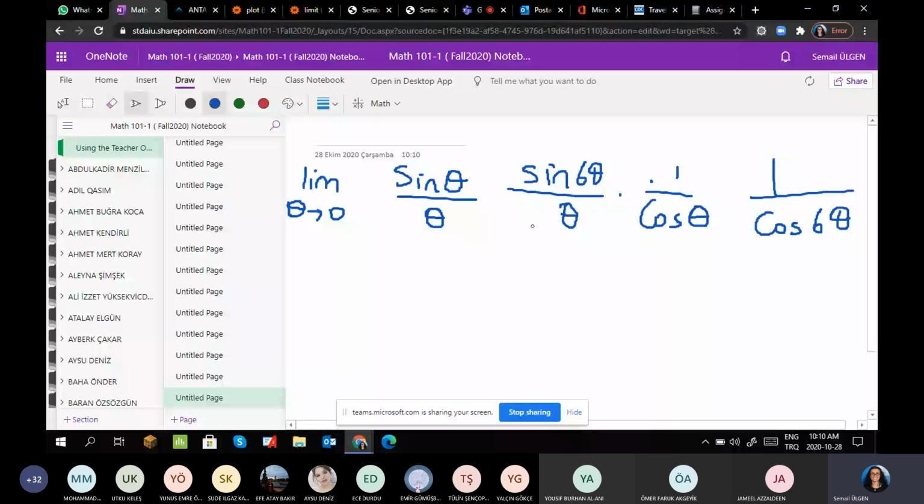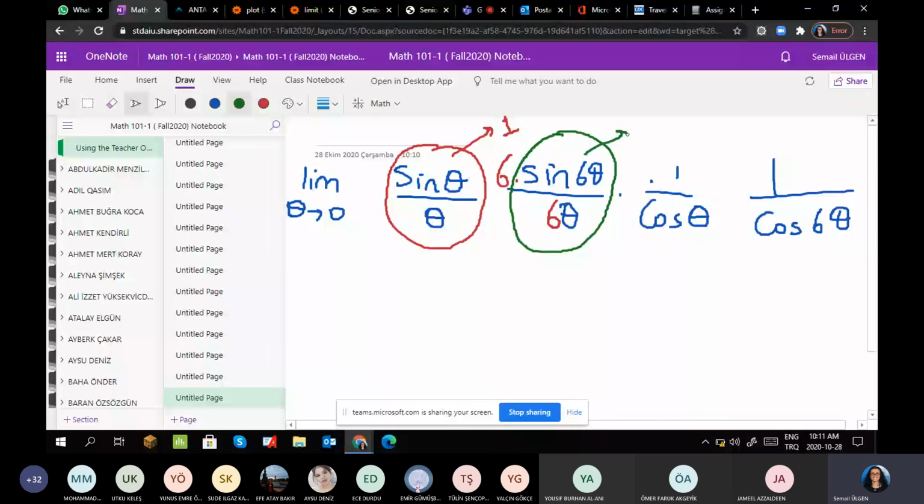So I know this is going to go to 1 as theta goes to 0. However, this one I don't think it is possible. I'm going to play a trick here. Look, I'm going to multiply and divide by 6. And then this thing is going to go to 1 as well, and this is going to go to 1, and this is going to go to 1.